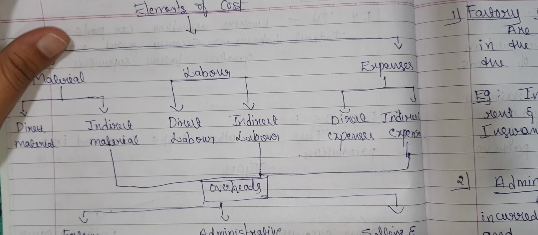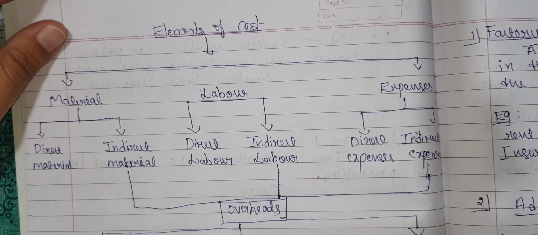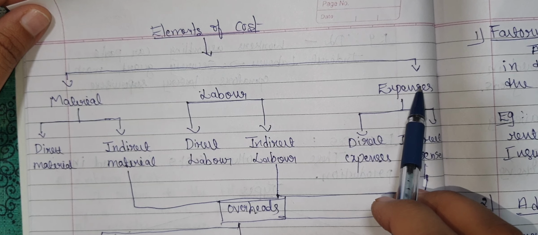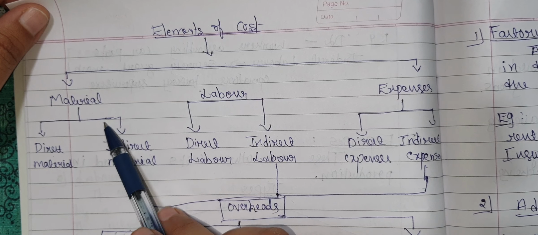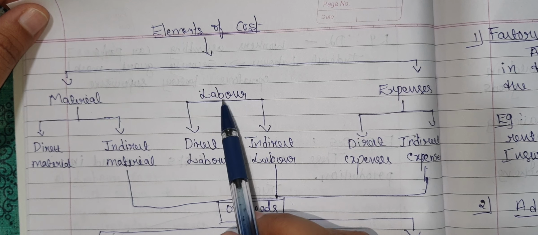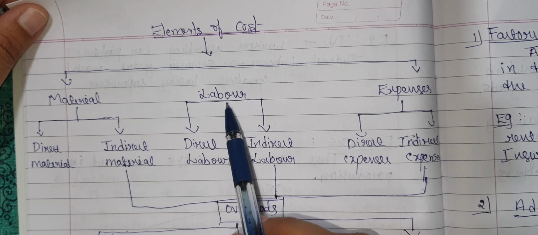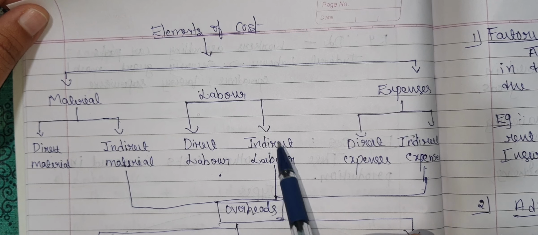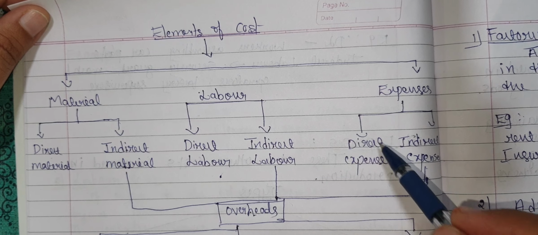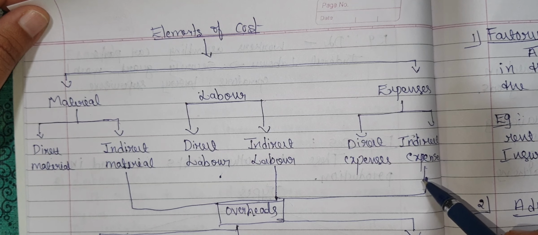So these are the elements of cost. Here there are mainly three types: material cost, labor cost and expenses. Materials are classified into two types: direct material and indirect material. Labor cost is classified into two types: direct labor and indirect labor. And expenses are classified into two types: direct expenses and indirect expenses.